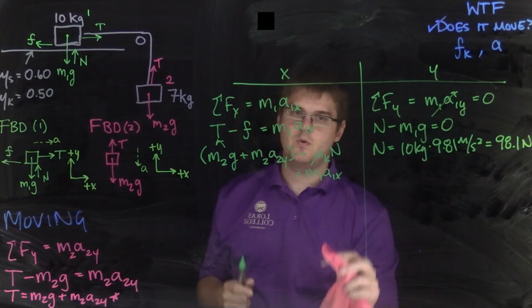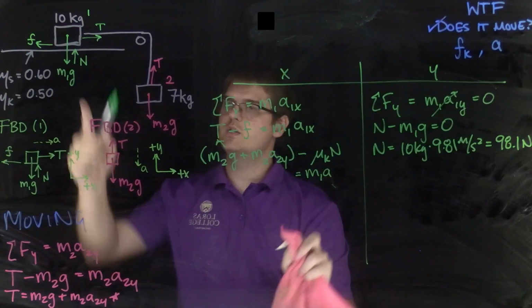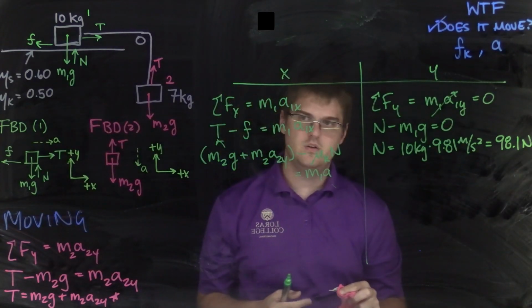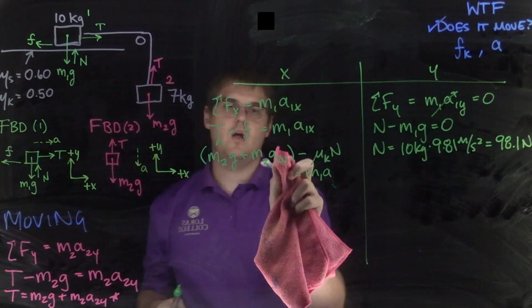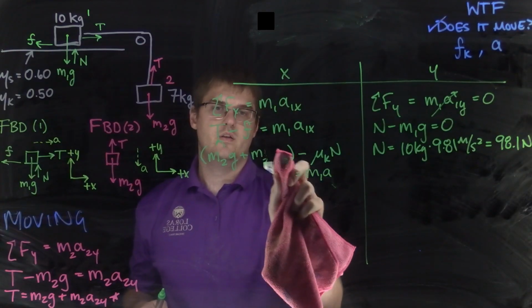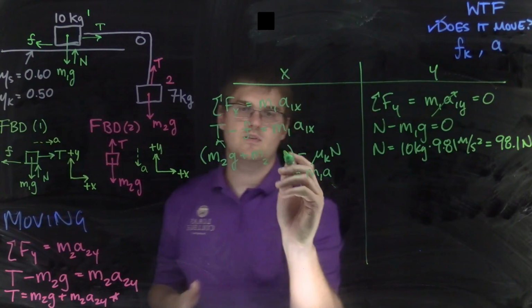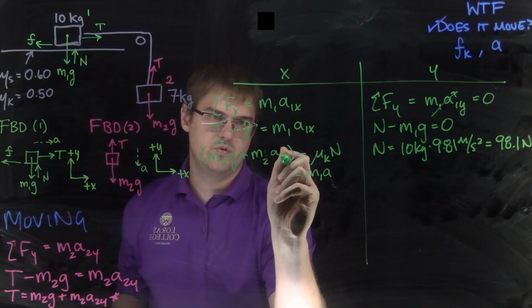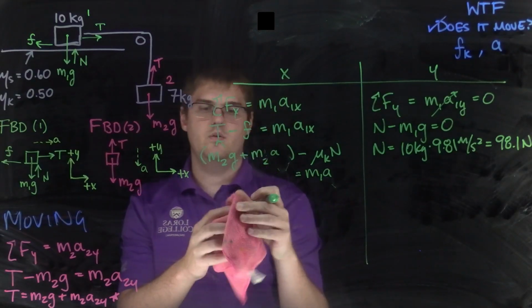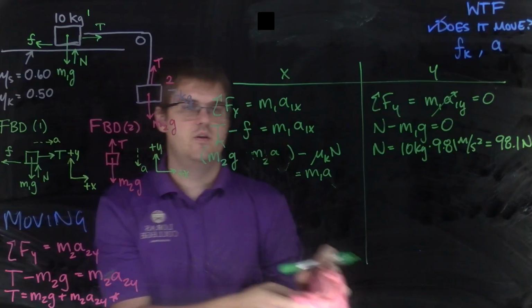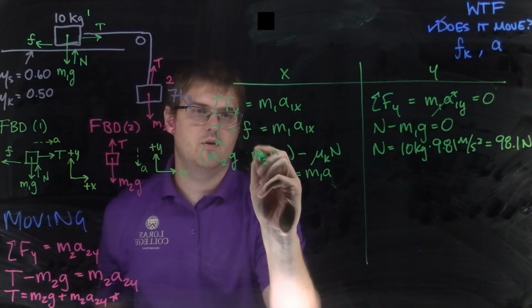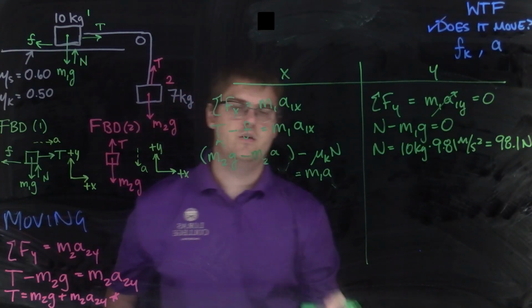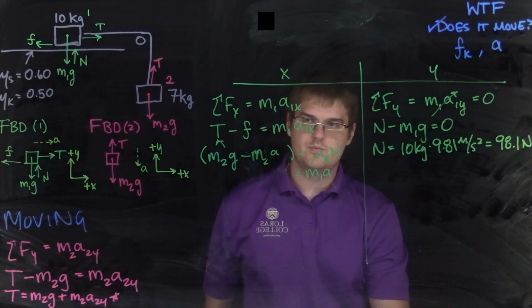So I'm going to just call the acceleration of block 1 my acceleration, which means the acceleration of block 1 is going to be the same as acceleration of block 2, except the one change that we have is a negative sign there.